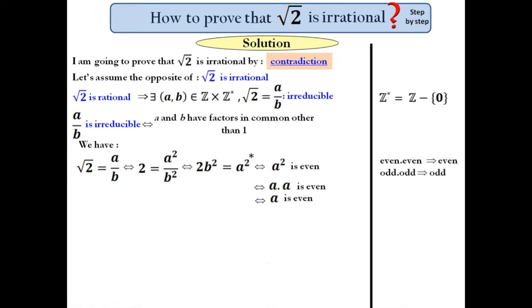And another way of saying that a is even is to say a can be represented as 2 times some integer.